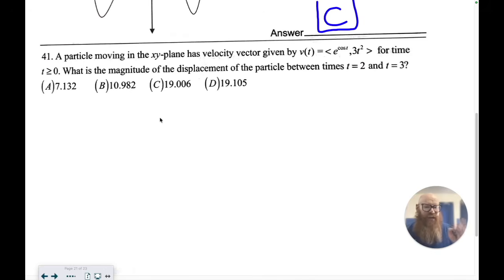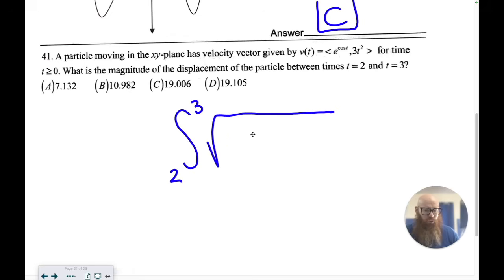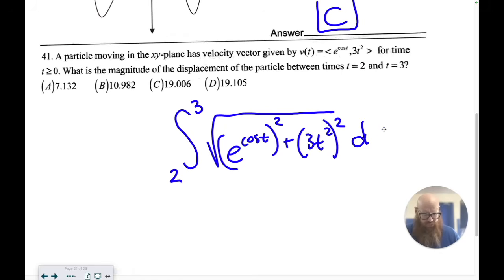The total distance and the displacement are the same thing. So I can do the integral from 2 to 3 of the square root of the derivatives squared and added. But v of t is the derivative, so it's really the square root of e to the cosine t, squared, plus 3t squared, dt.